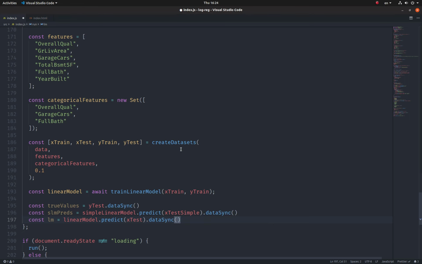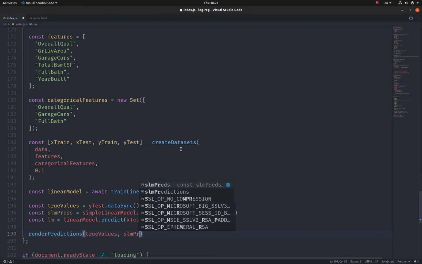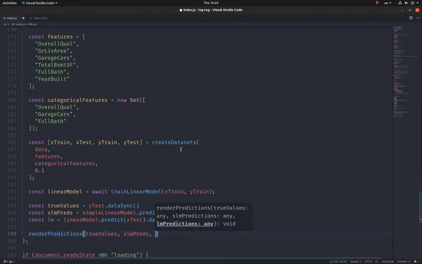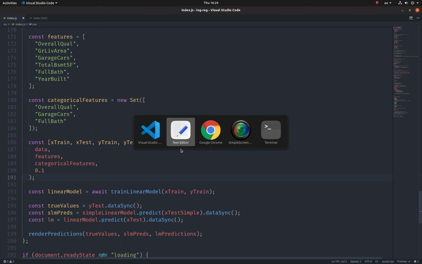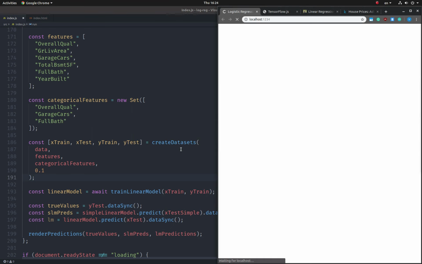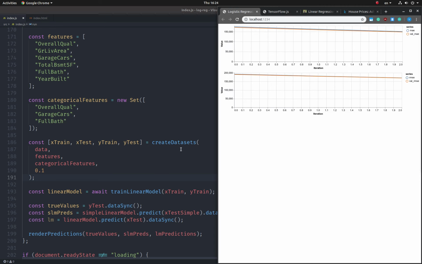Okay, so now that we have all of this, I'm going to call render predictions. I'm going to pass in the true values, the predictions from the simple linear model, and the predictions from the linear model itself.